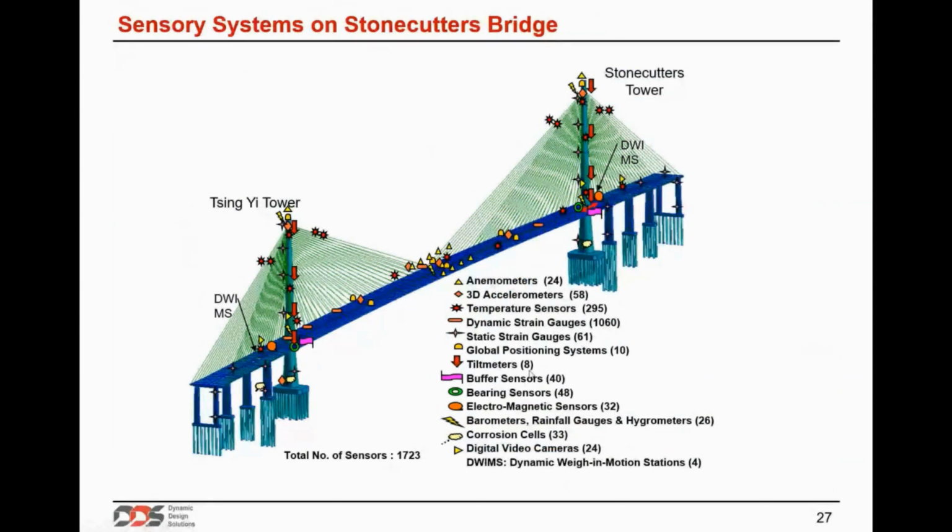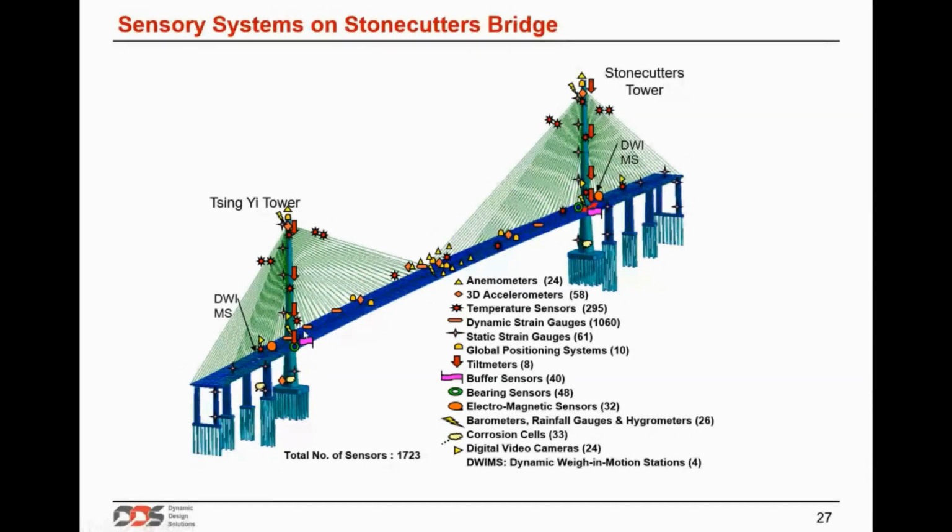So there are 1,700 sensors installed on this bridge, where the majority are strain gauges, but you can see many more sensors. So what was used in the project that included FEMtools was the accelerometers, but not all accelerometers are used.